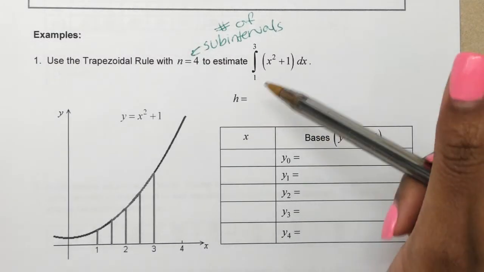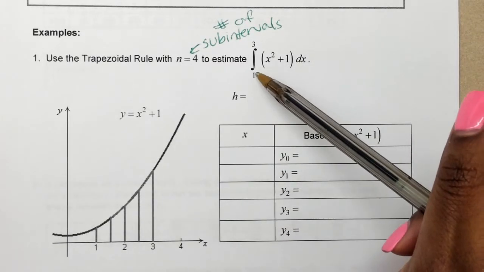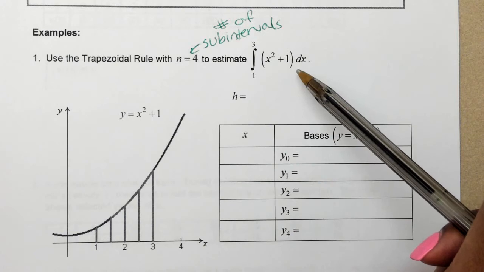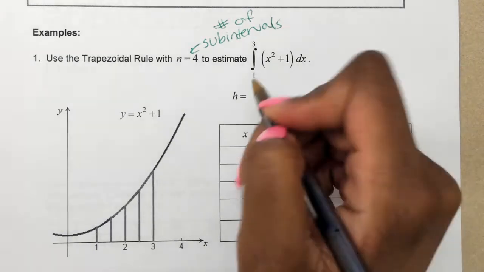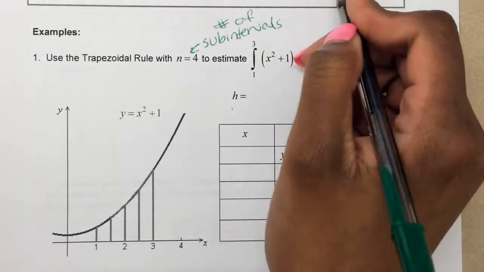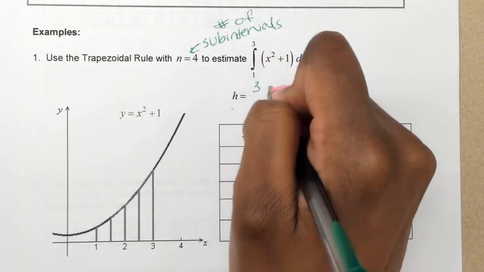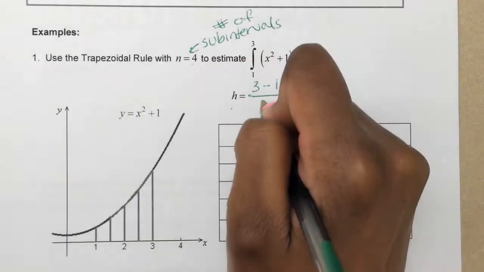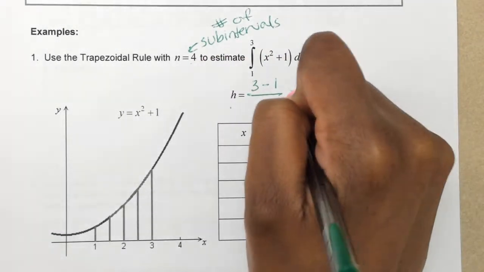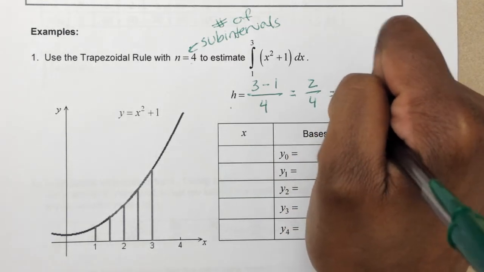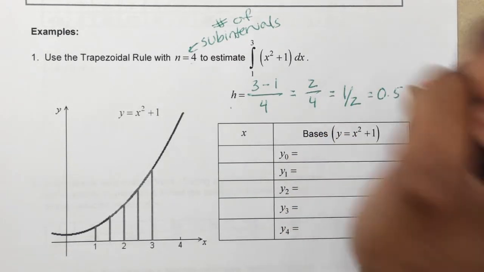We want to estimate the integral from 1 to 3 of x squared plus 1. To find our h, we take my upper limit, which is 3, minus my lower limit, which is 1, over the number of subintervals I need, which is 4. So we have 2 over 4, which is 1/2, or 0.5.